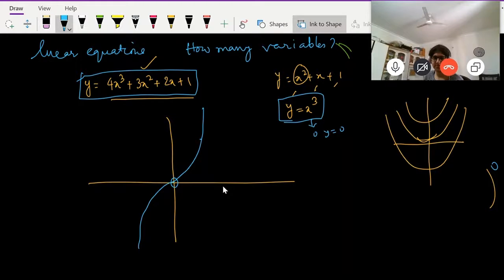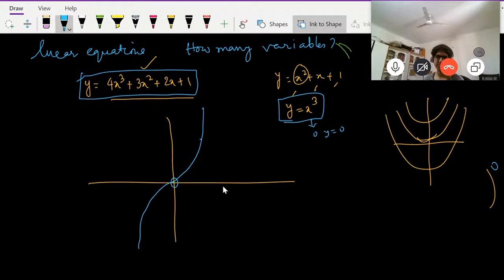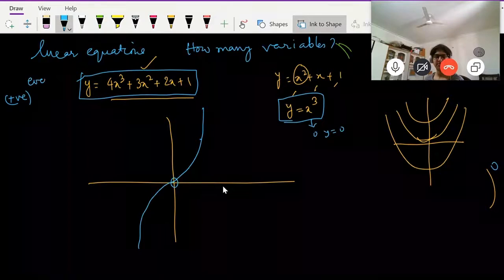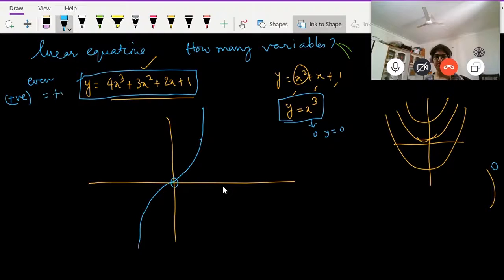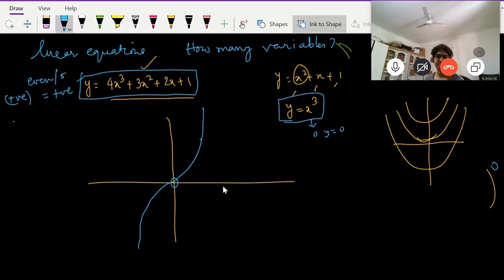Okay, let me just digress for a while. You remember we were discussing odd and even powers yesterday. Any positive number to the power of any even number or odd number is positive, right?